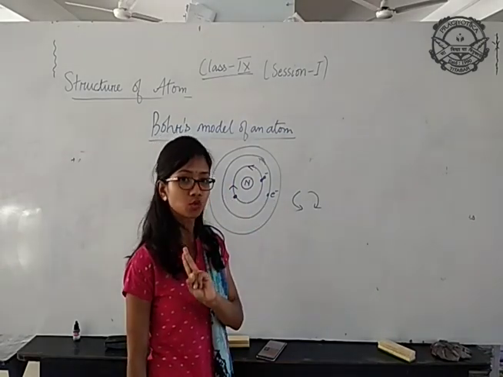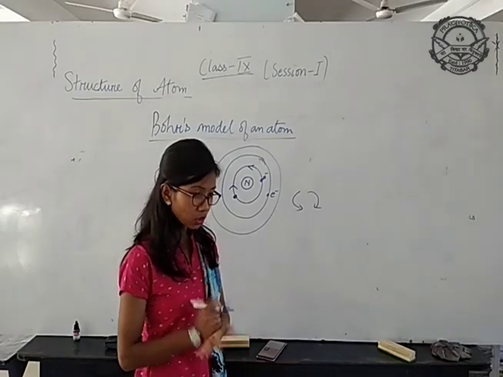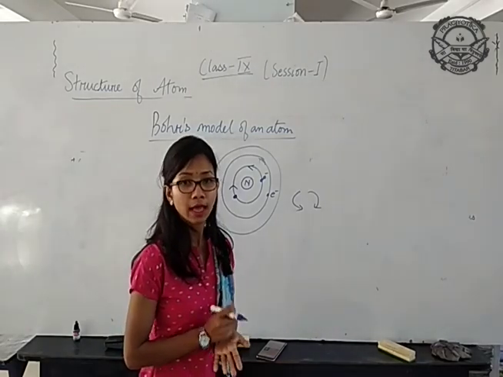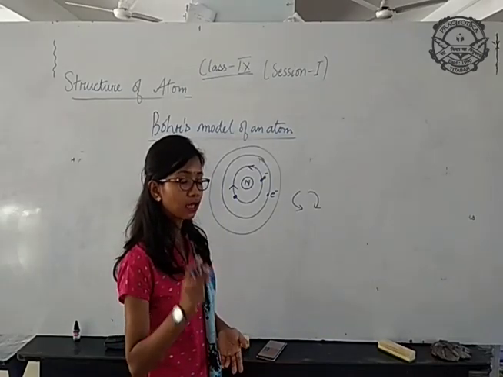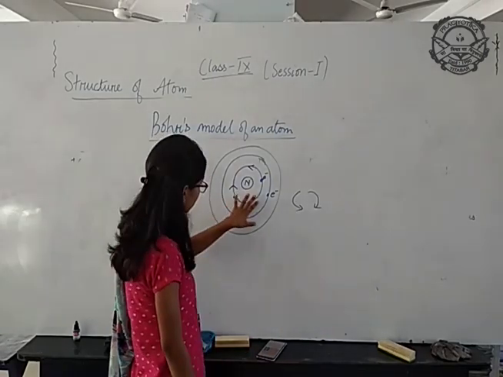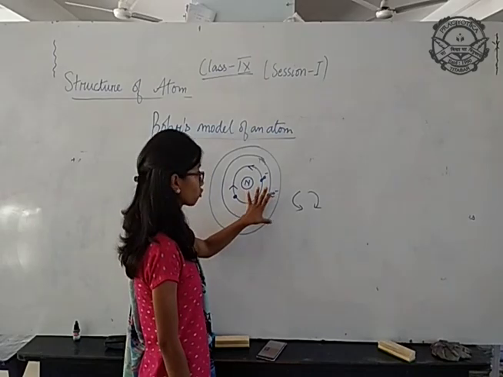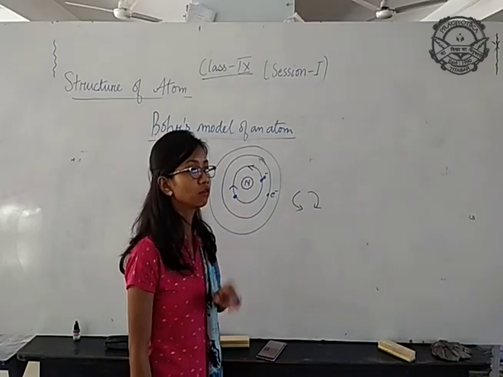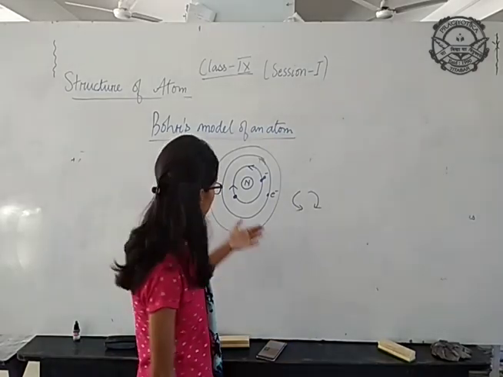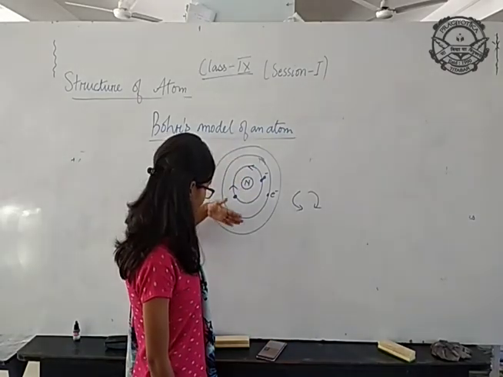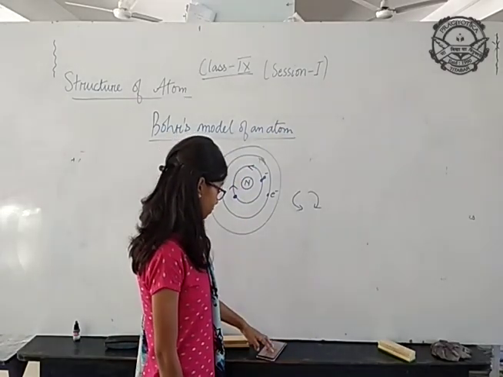These 2 are the postulates of Bohr's model: only discrete orbits are allowed inside the atom, and secondly, while revolving around the nucleus, the electrons do not radiate energy. These are Bohr's atomic model.